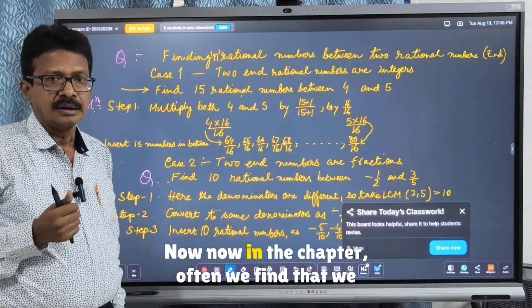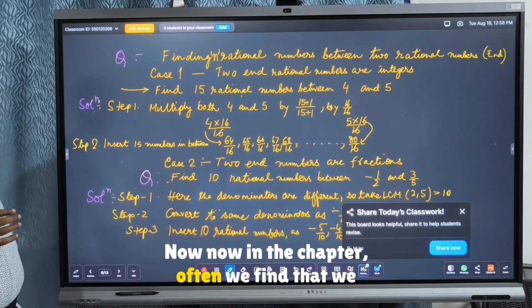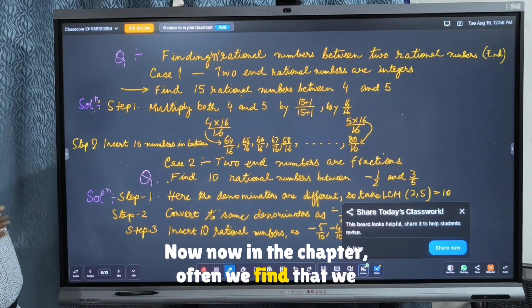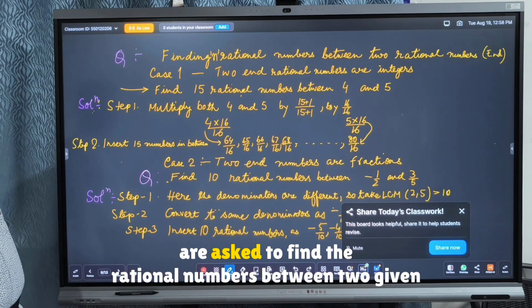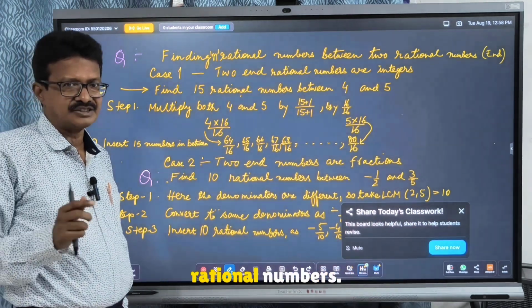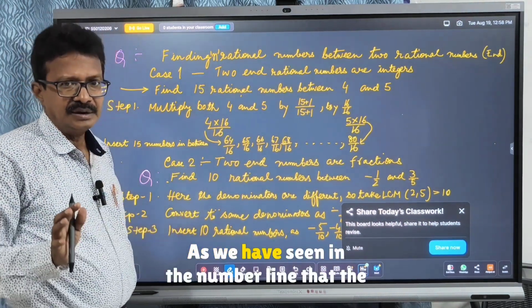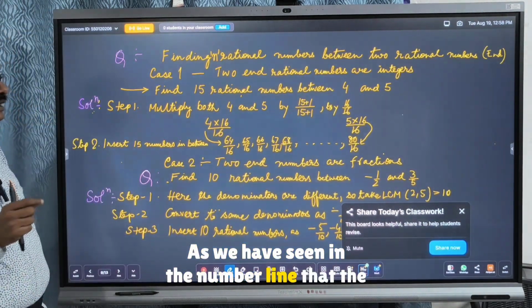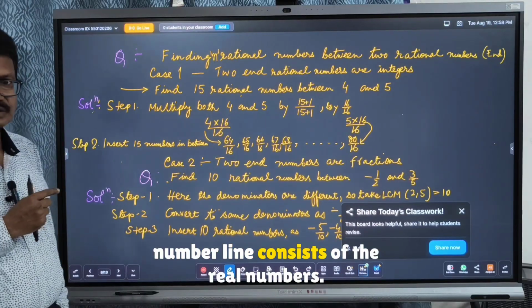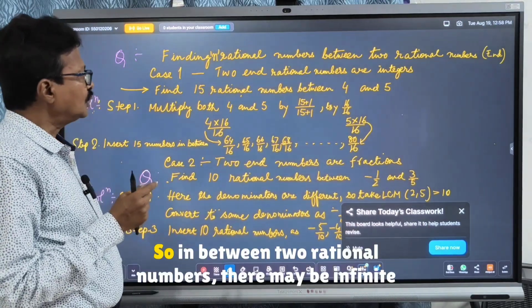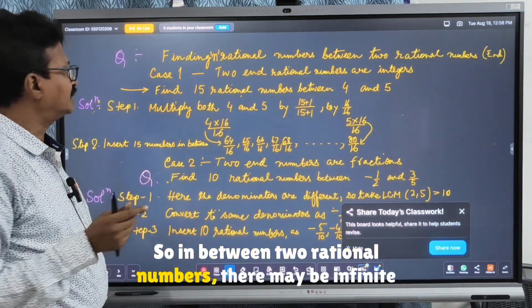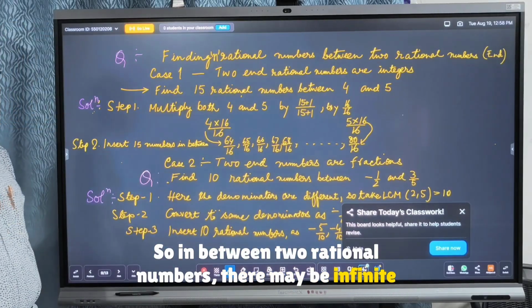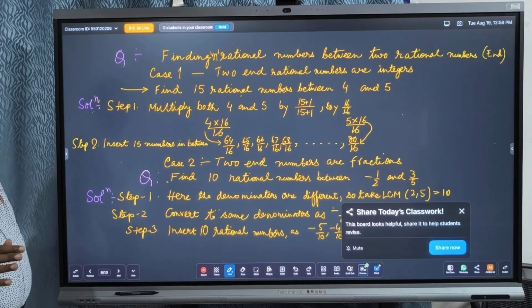Now in the chapter, we often find that we are asked to find rational numbers between two given rational numbers. As we have seen, the number line consists of the real numbers. So in between two rational numbers, there may be infinite rational numbers.